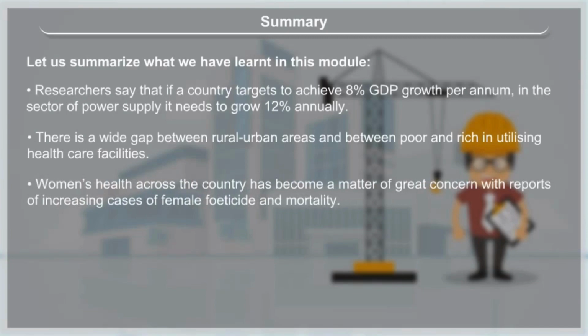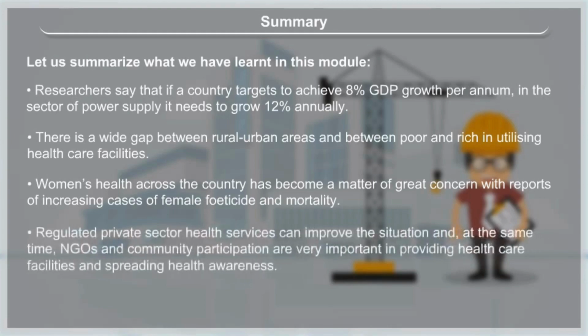Women's health across the country has become a matter of great concern, with reports of increasing cases of female feticide and mortality. Regulated private sector health services can improve the situation, and at the same time, NGOs and community participation are very important in providing healthcare facilities and spreading health awareness.